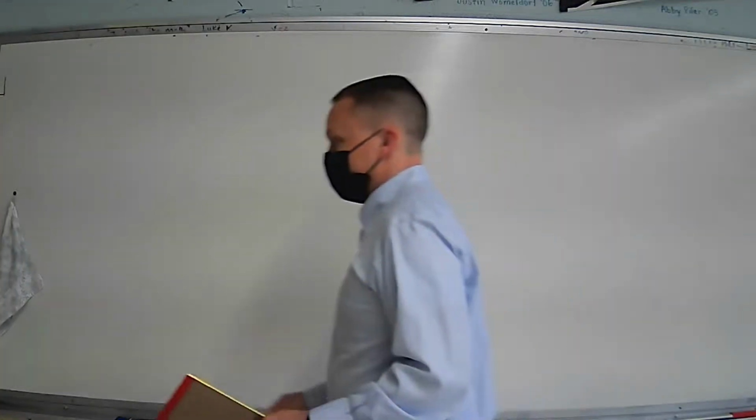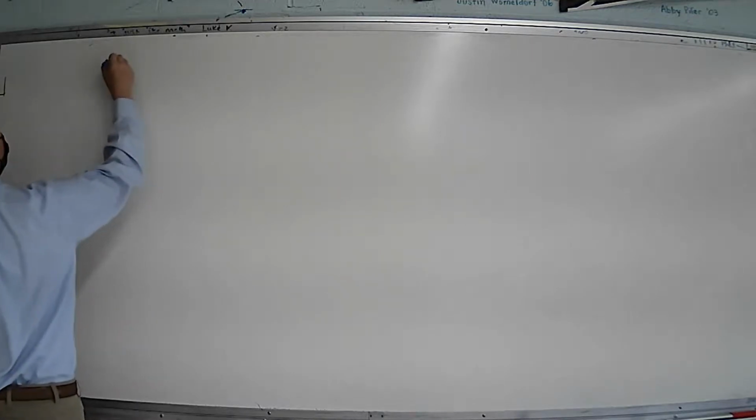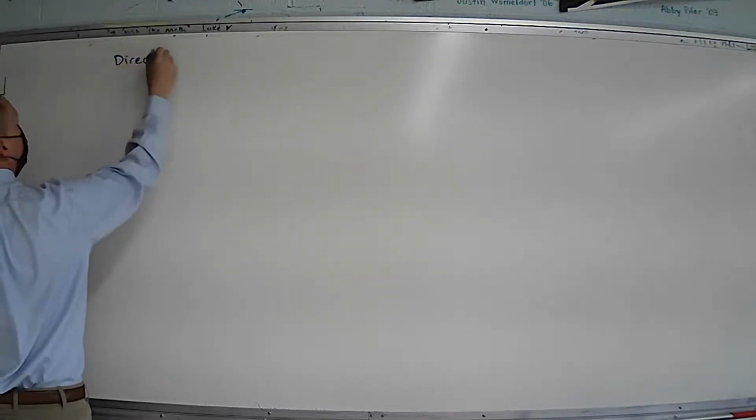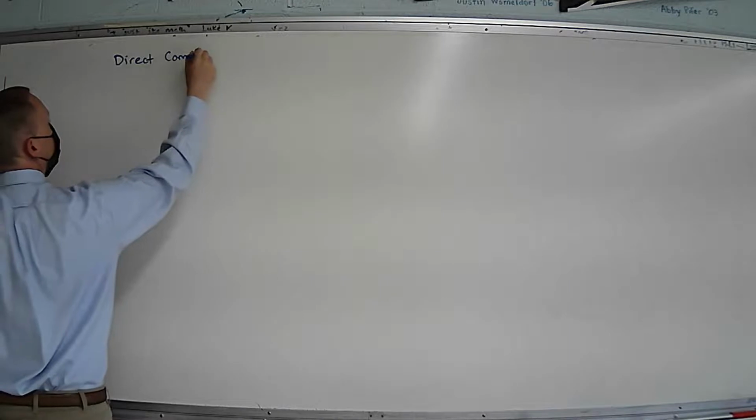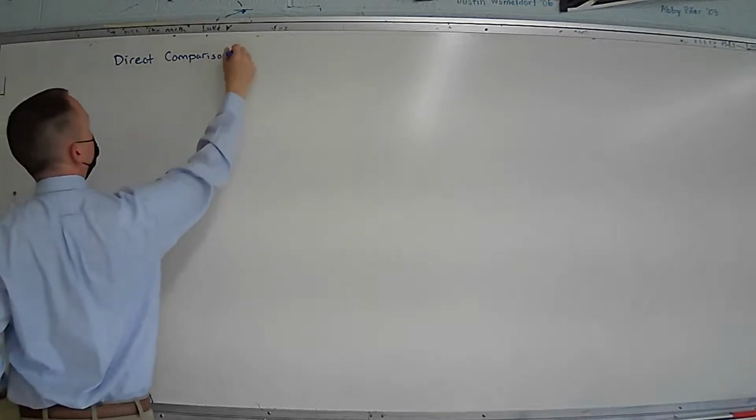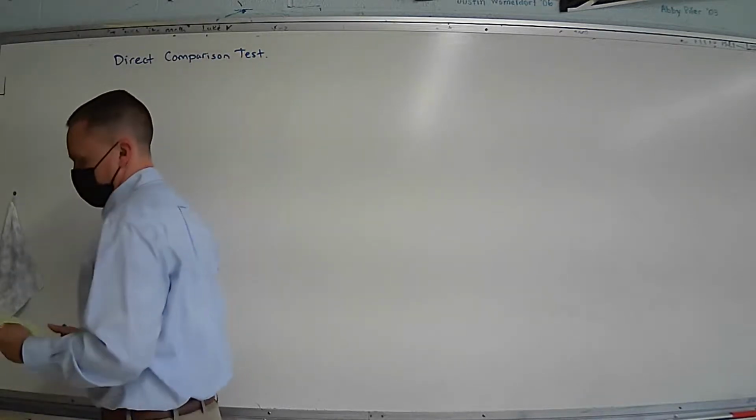And we're going to teach you 2 different ways to compare them. The first way is literally just to see which one's bigger or which one's smaller. The other way is with calculating a limit. Okay? So let's jump into this. The first one is the direct comparison test. Okay?